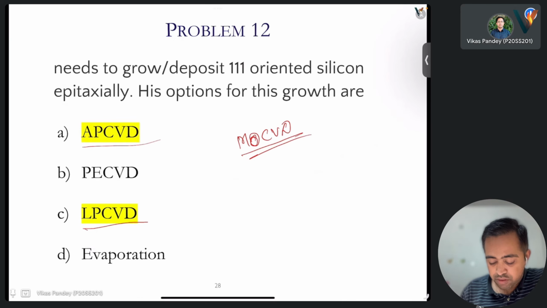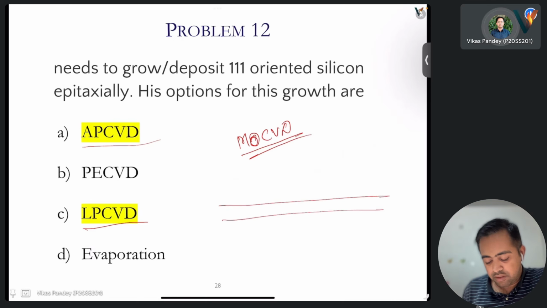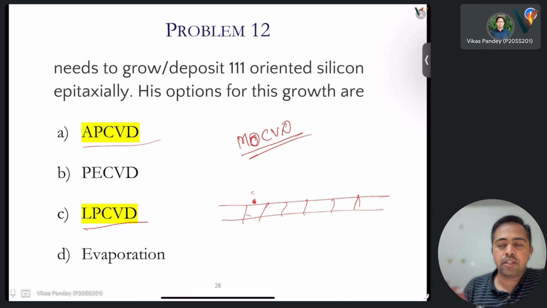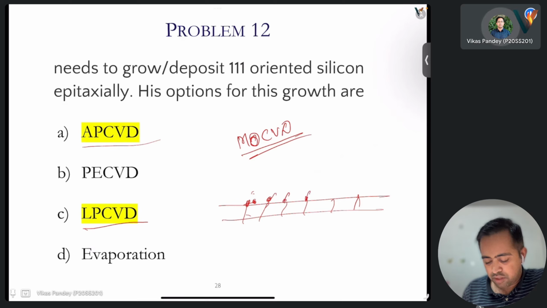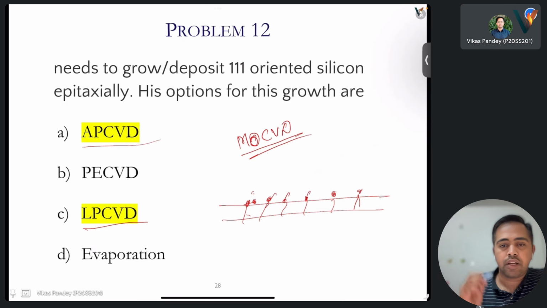Why? Because at higher activation temperature, the molecules try to orient themselves with the underlying crystal structure. If a silicon atom arrives here, due to its energy, it will have adequate energy to shift itself and orient here, right? And so the crystal growth will take place.